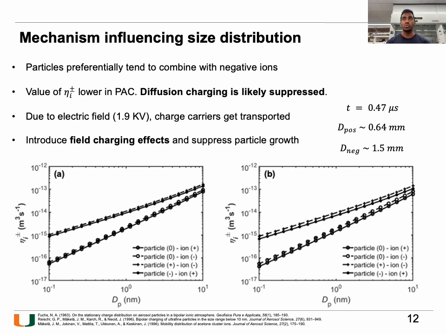This is largely due to the larger size of the plasma ions that are present in the system. And because of the larger size, there is less mobility, and because of that, the diffusion charging is likely suppressed.